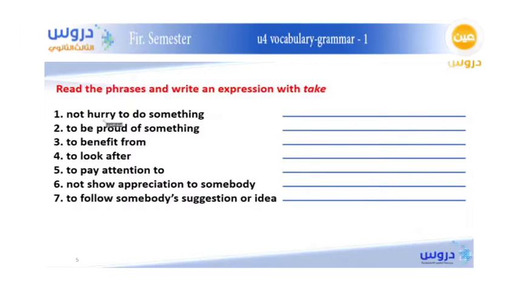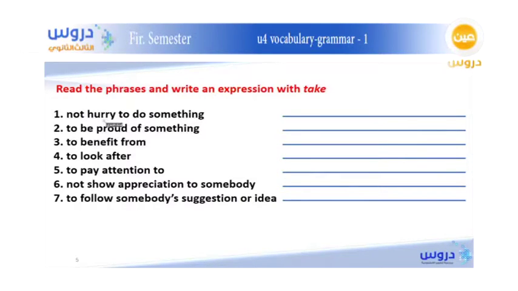Just select from 2, 3, 5, 6, 7, whichever you like, and then we are going to see the answers together. For example, to pay attention to, not show appreciation to somebody. Okay, number 1, I think for Aya, I'm not sure.